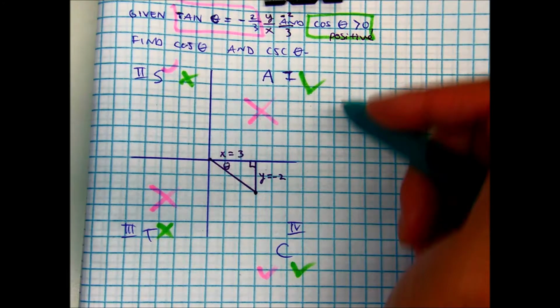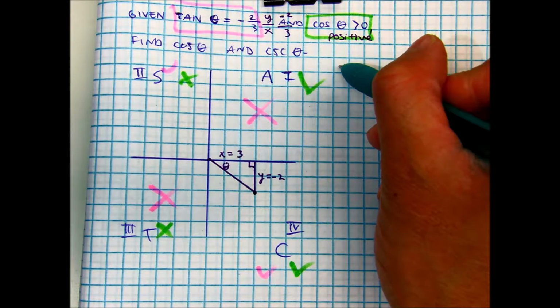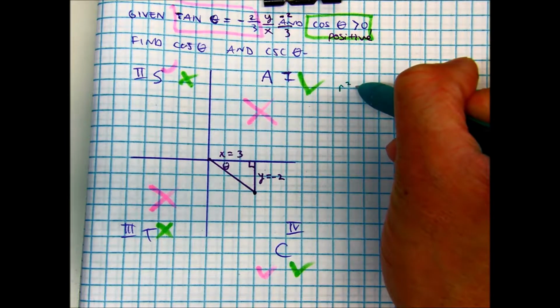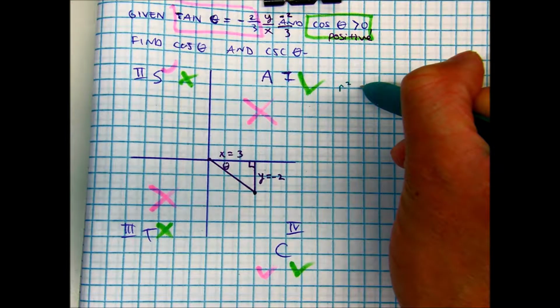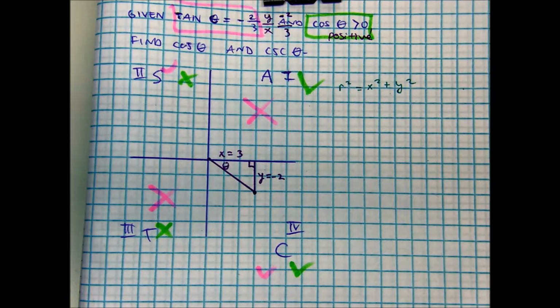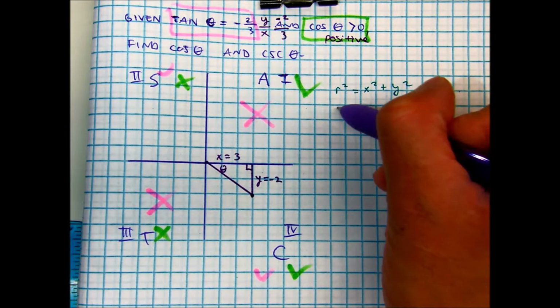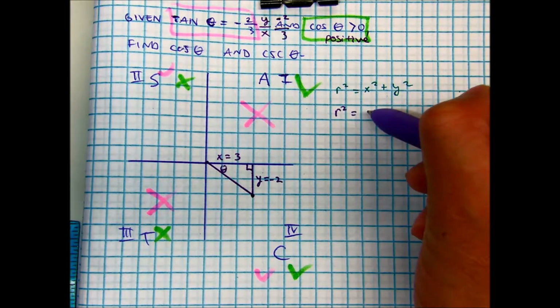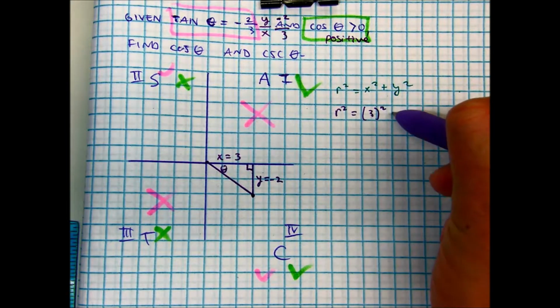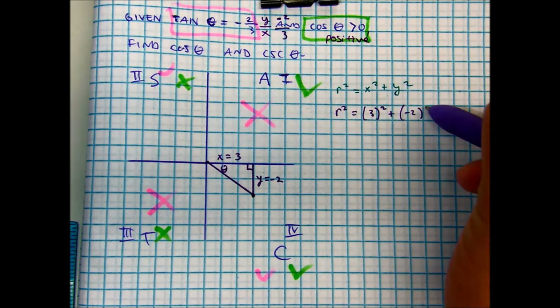How did you find the r? What formula did you use? x squared plus y squared. Substitute them in for us. x will be 3 squared plus negative 2 squared. Keep going.